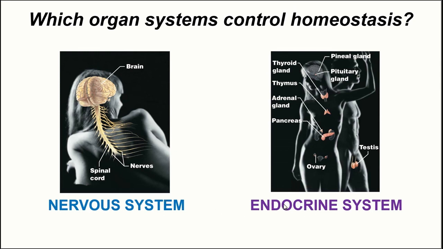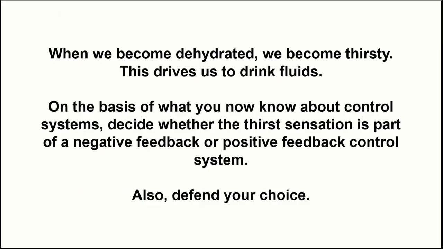Even though they have different mechanisms of signaling in the body, the result is still the same, in that both of these organ systems seek to maintain balance within our body and control homeostasis. To conclude this segment, I have a little question for you.